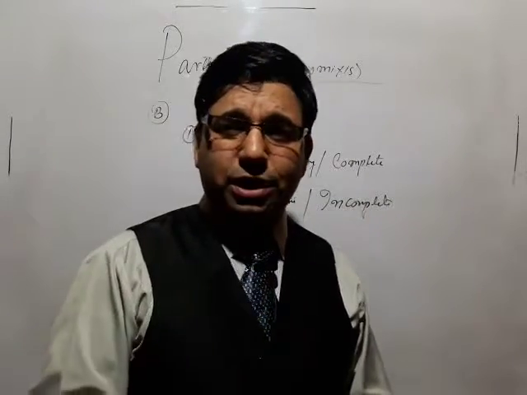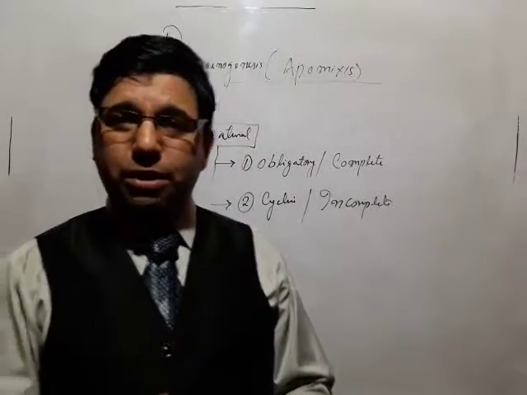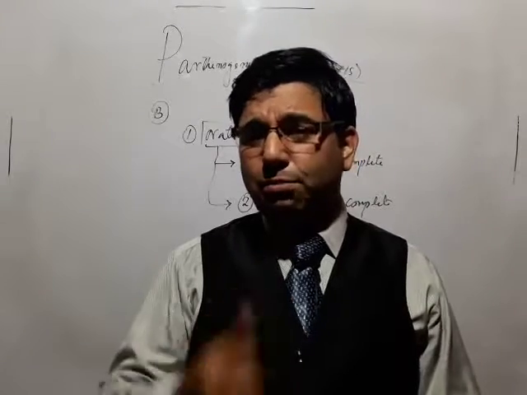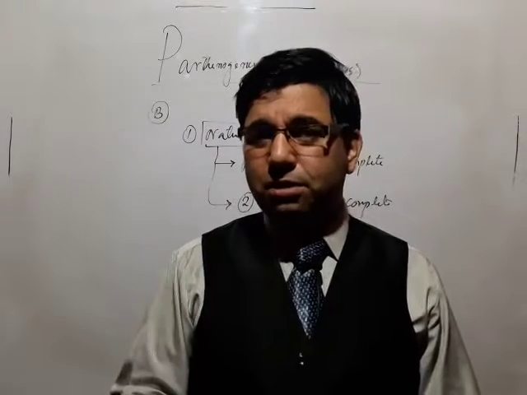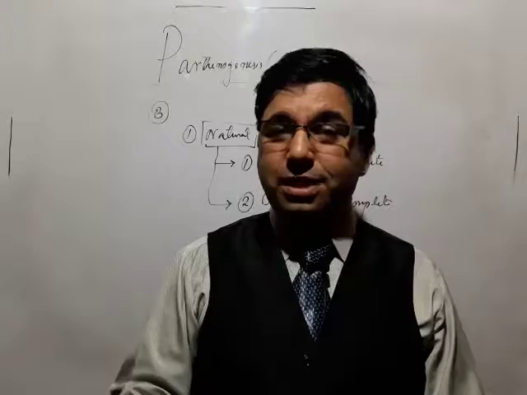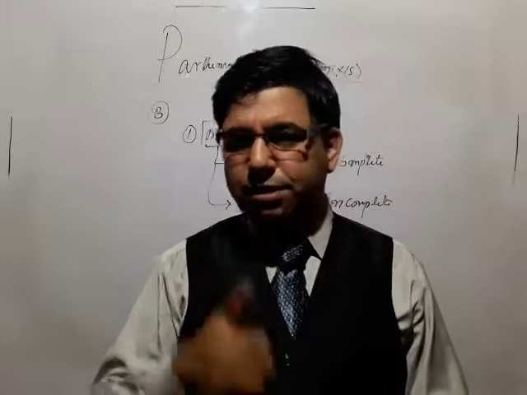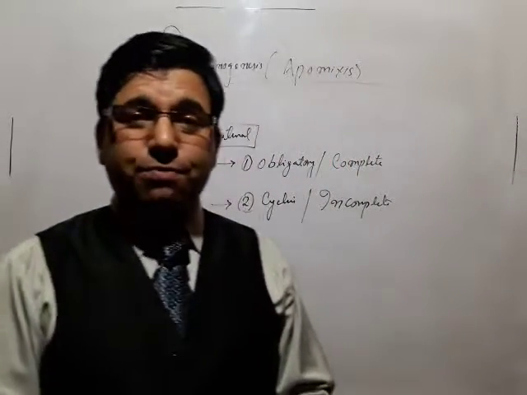A parthenogenetic generation is followed by a sexual generation, and again parthenogenesis occurs after a few generations. So it is cyclic, alternating between sexual and parthenogenetic generations.